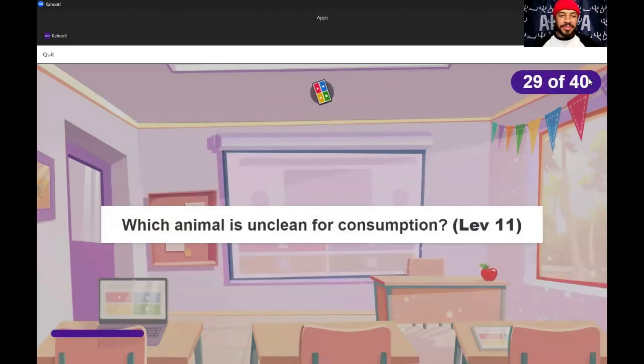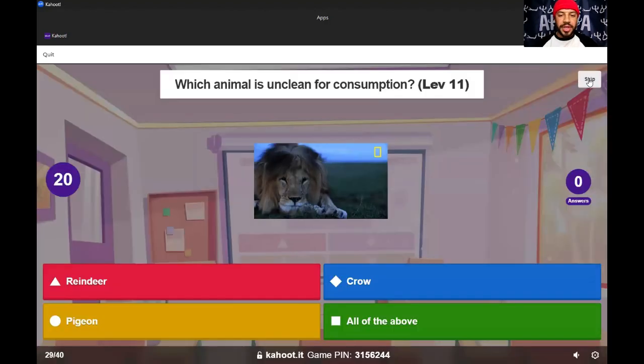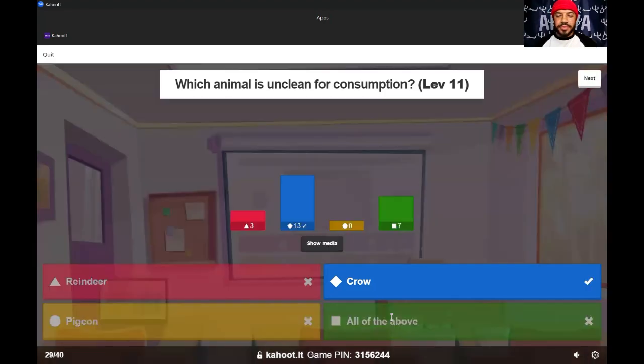Question 29. Which animal is unclean for consumption? Reindeer, a crow, a pigeon, all of the above. Reindeer red, crow blue, pigeon yellow, all of the above to be clean. 5 seconds. Crow.